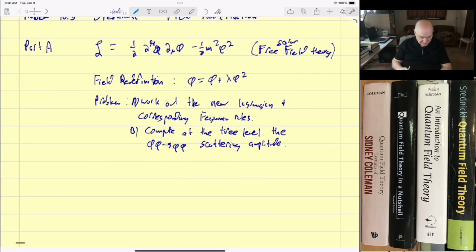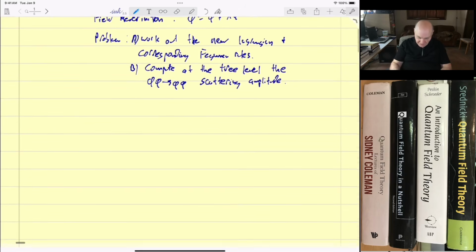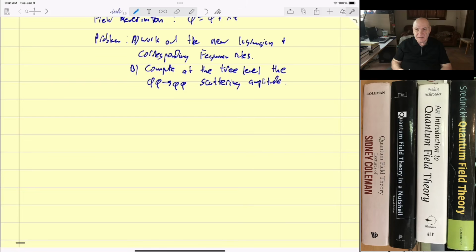Now this problem is not particularly hard, nor is it easy, but I do remember getting a sense of accomplishment when I worked this out about 17 years ago. If you can do this problem, then it gives you a pretty good indication that you've understood the first 10 chapters of Srednicki's book. So it's kind of like you use a lot of different things.